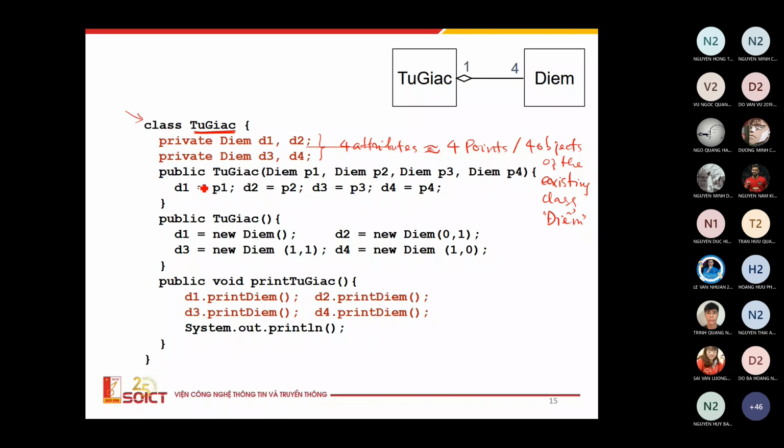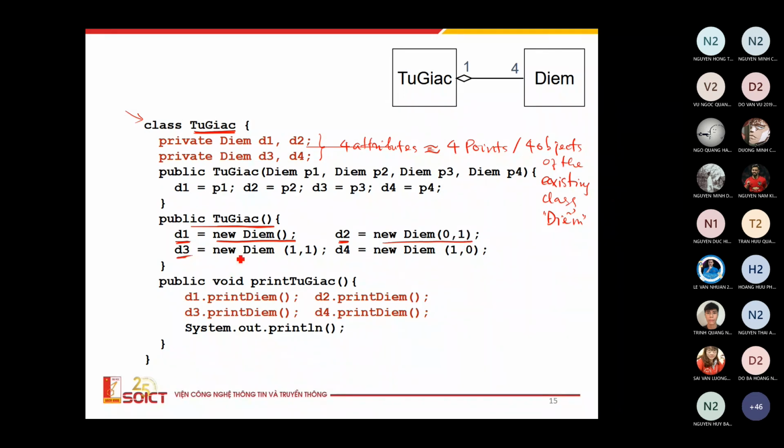Okay, and let's check the constructor. In this constructor, you will initialize the attributes. For example, for D1, you will create it as a new object of the class điểm with this constructor. For D2, you will initialize it with điểm with coordinates 0 and 1.